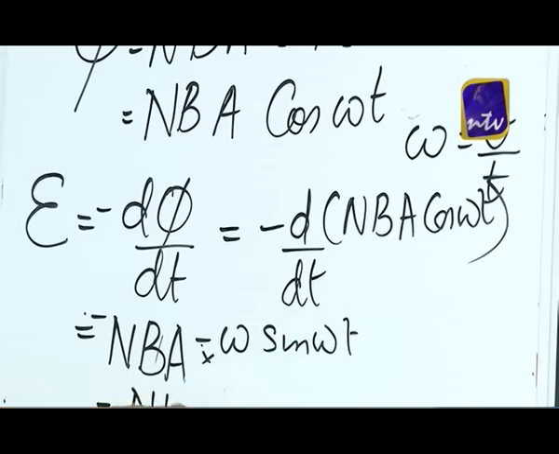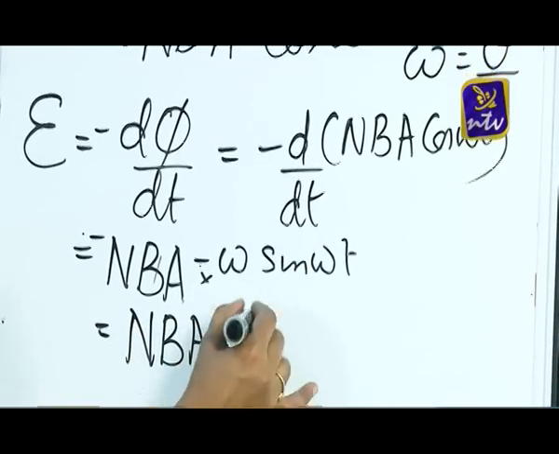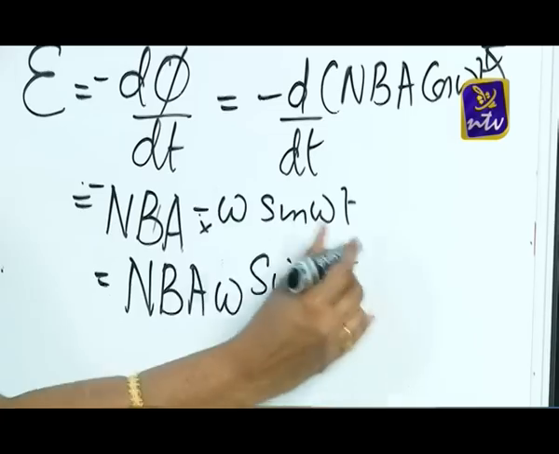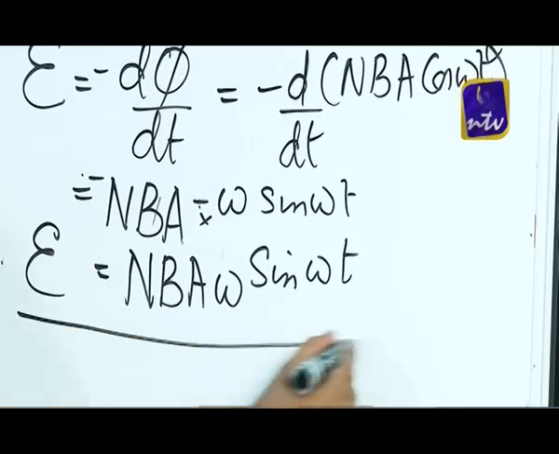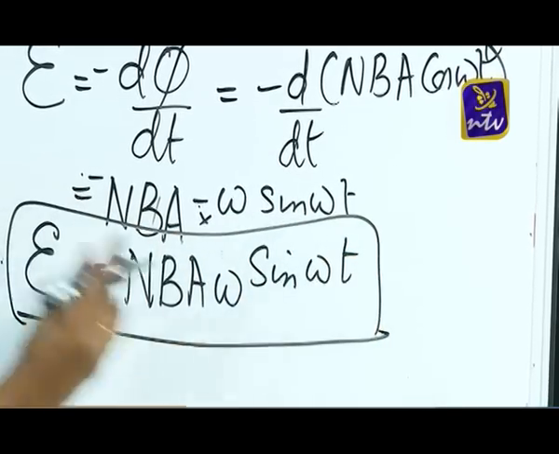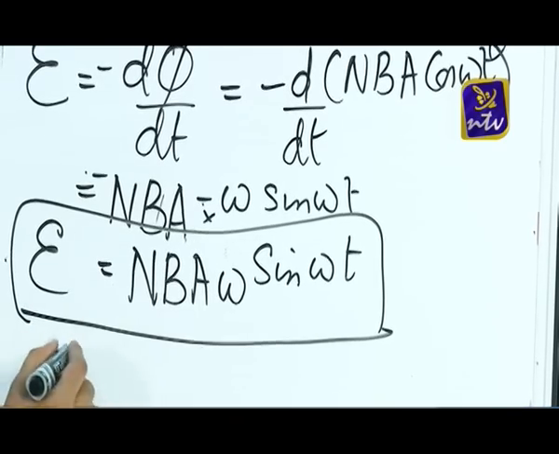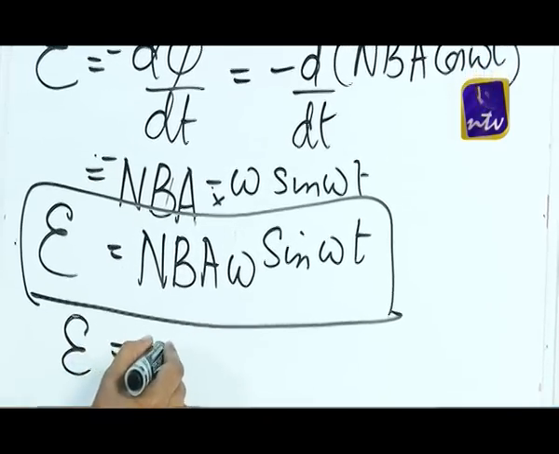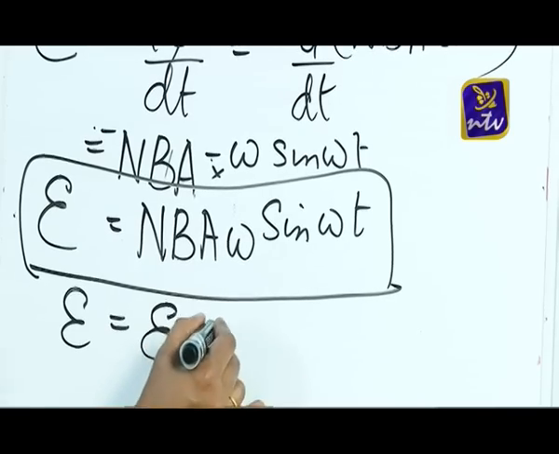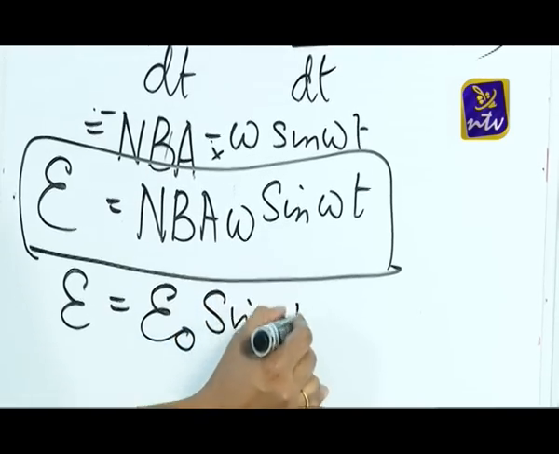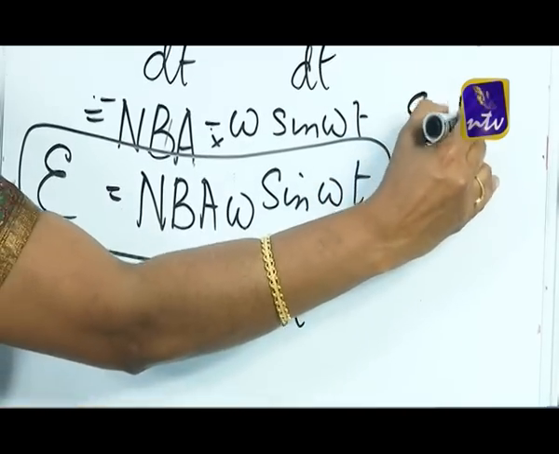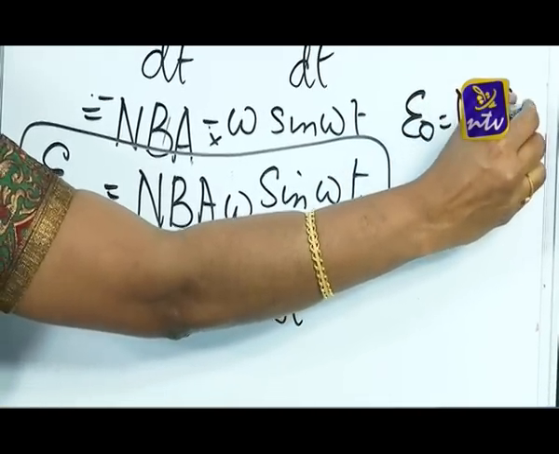You will get NBA omega sin omega t. So EMF induced is given by NBA omega sin omega t, and this expression clearly tells you that this EMF is varying about a maximum value E0. The maximum value E0 is given by NBA omega.